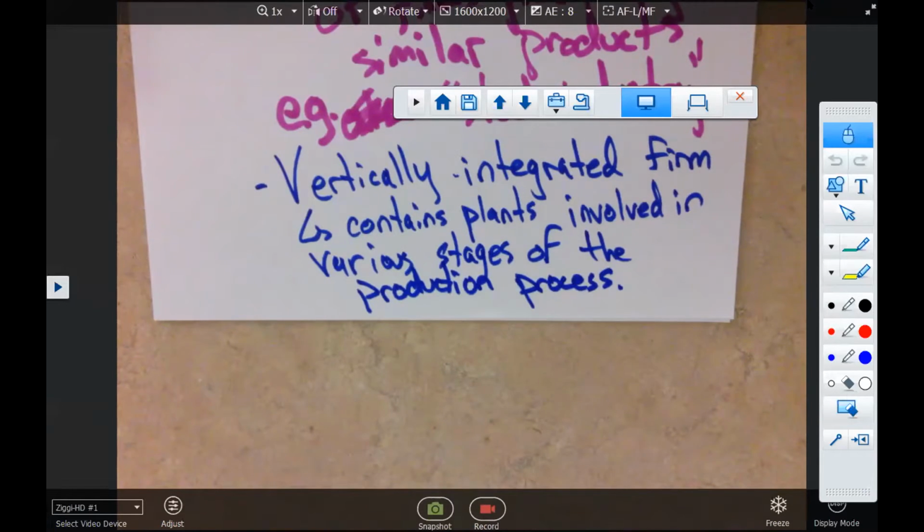So if a brewery also owns a farm where they grow the hops.